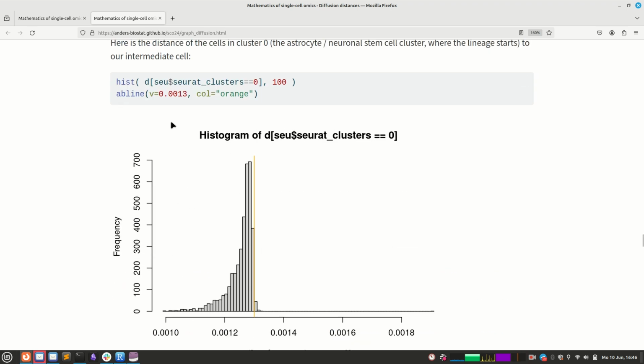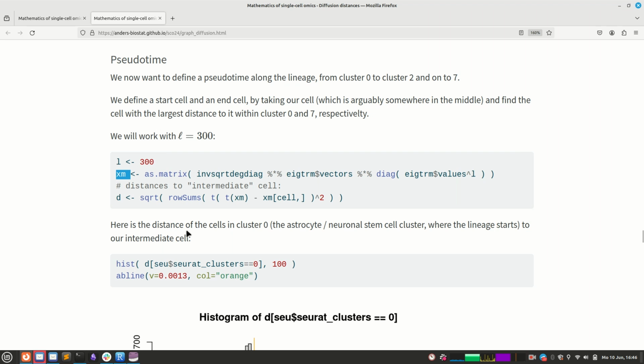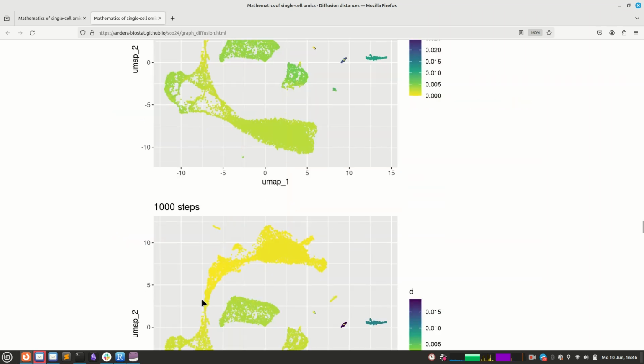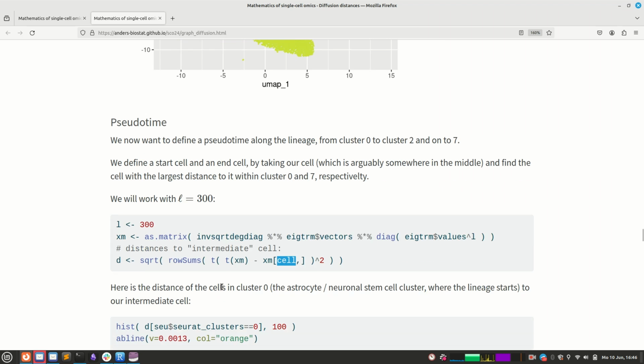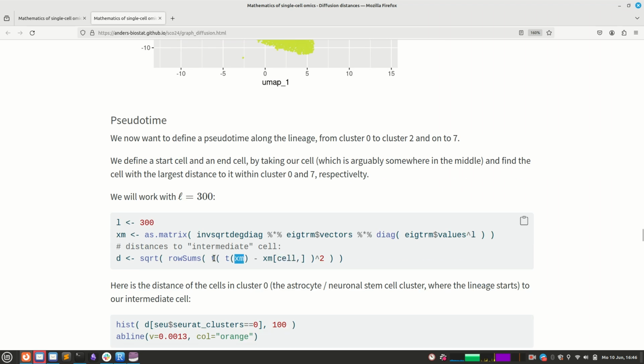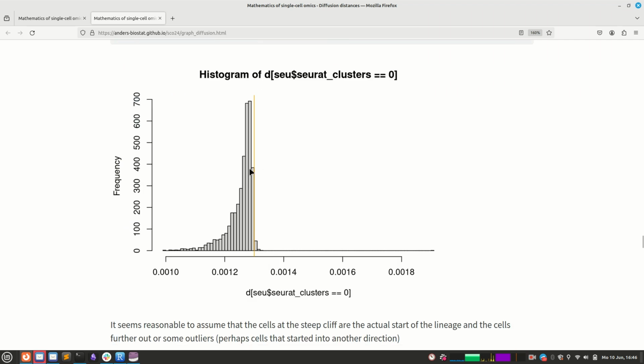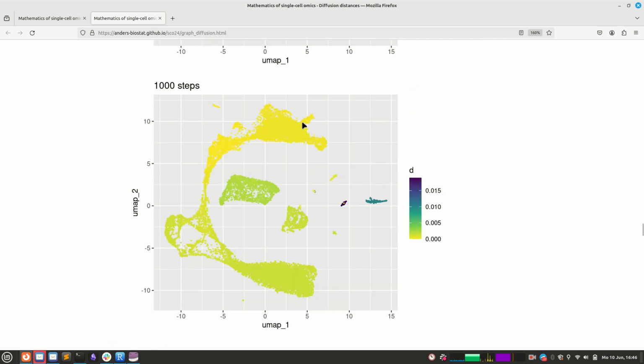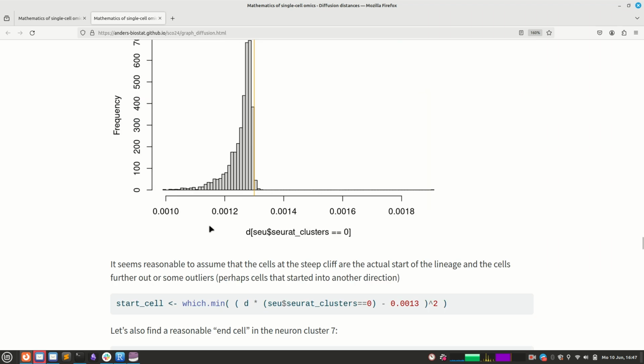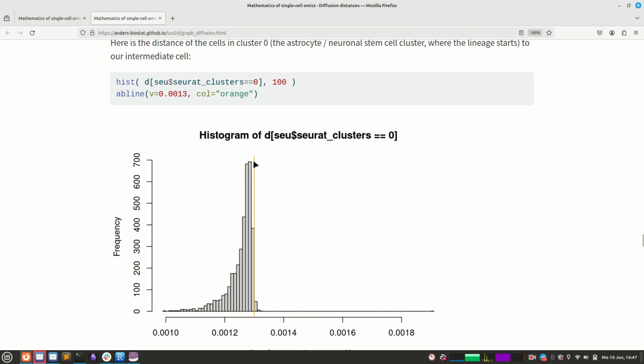So as you can see, what I did is I calculate here this distance matrix, the distances of my arbitrarily chosen cell in the middle, that one here, which I just called cell, to all the other cells by taking the Euclidean distances between all the rows of my XL matrix. And here I plot these, only those which are in this cluster here. And as you can see, most of them sit here, they seem to peak here, and then there's a couple of 2 or 3 cells out here.